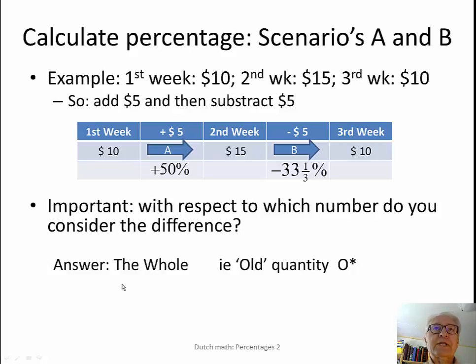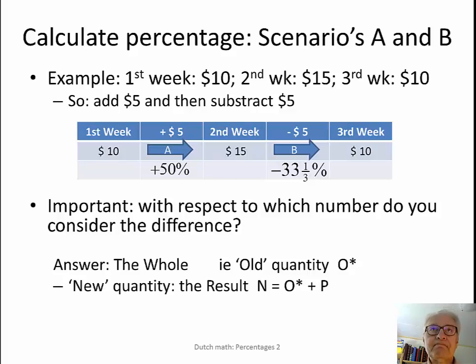The answer to that question is always the whole. You always take the percentage of the whole. But the whole we now call the old quantity, or O, and we add a star to mark the fact that this is the quantity from which we take the percentage.